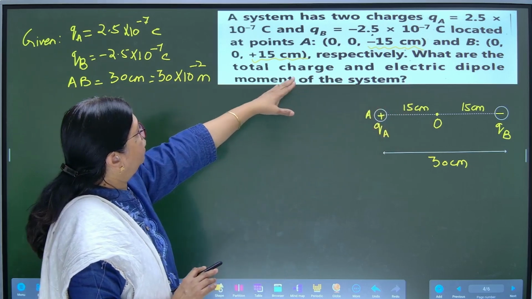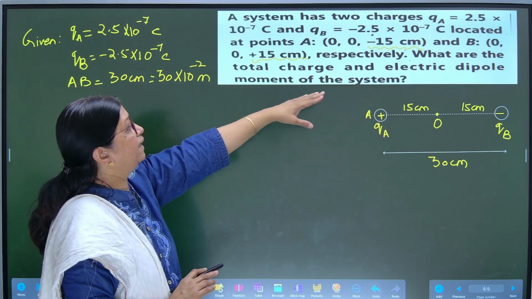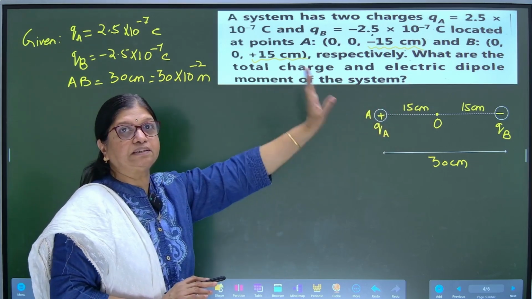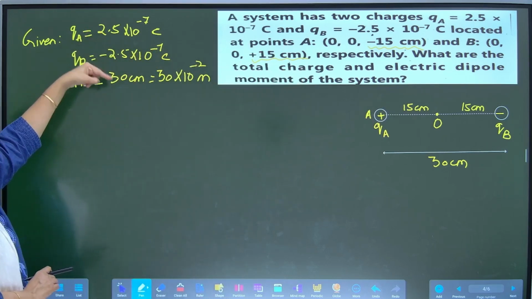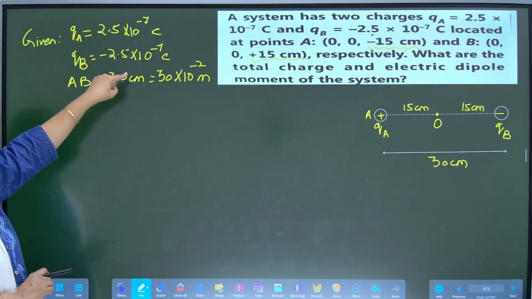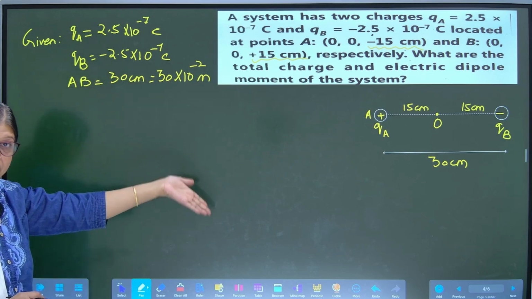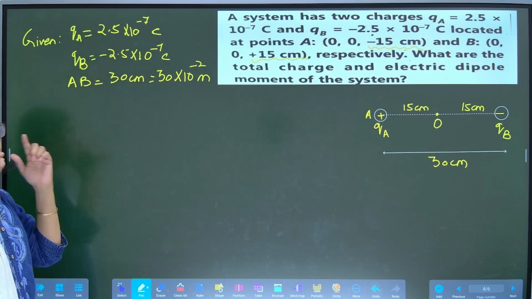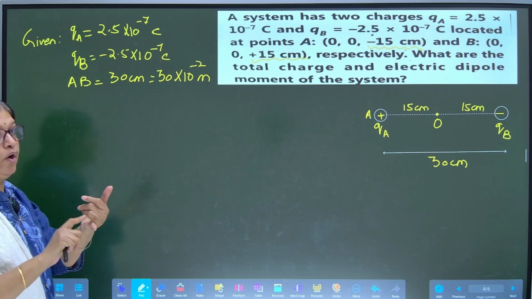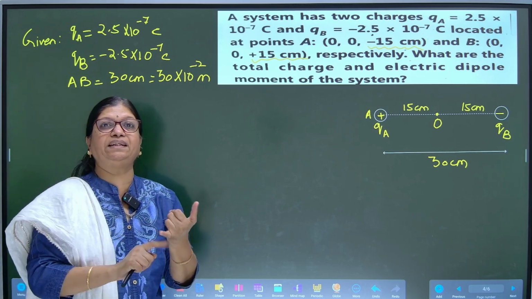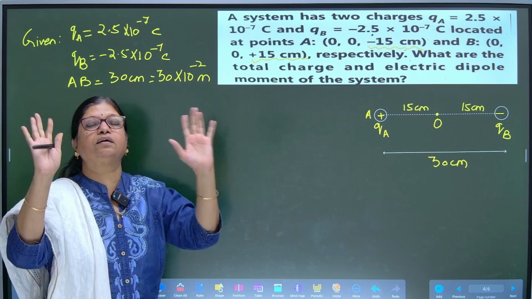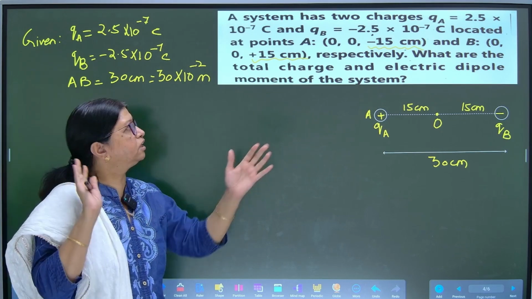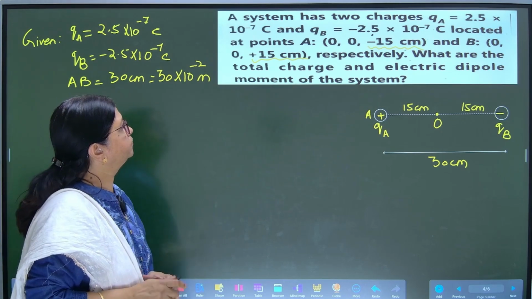Okay, now what are the total charge and electric dipole moment of system? Now these two charges are having the same value. One is positive and one is negative, so it is a dipole definitely. For a dipole, immediately connect the theory. For a dipole, the theory says that net charge, total charge of the system is 0. So just write the charge, total charge is 0. Fine.